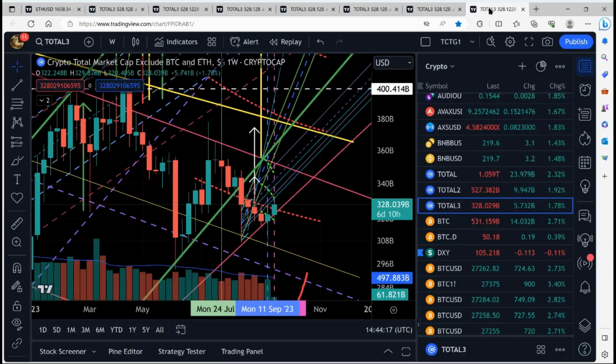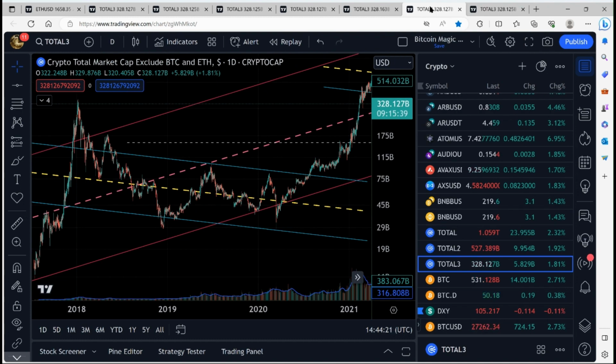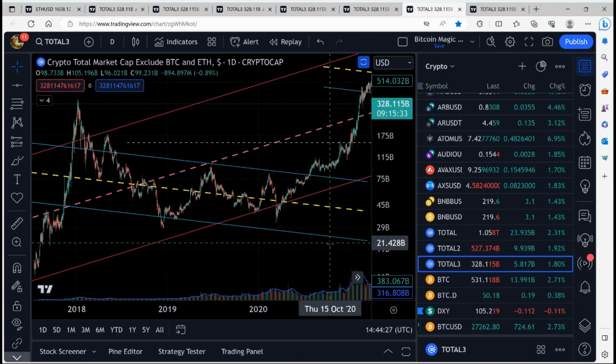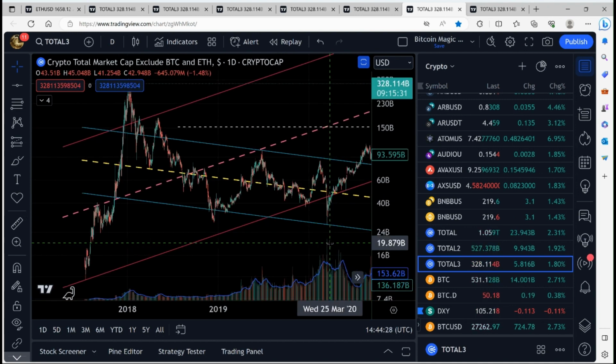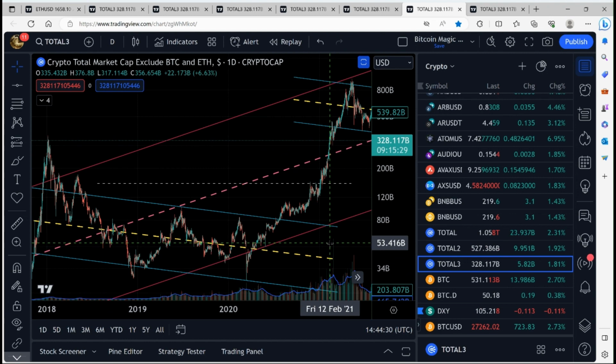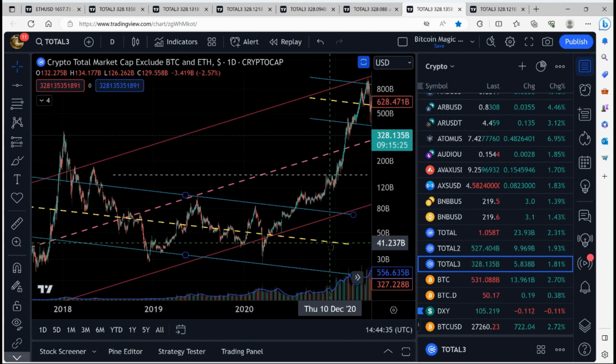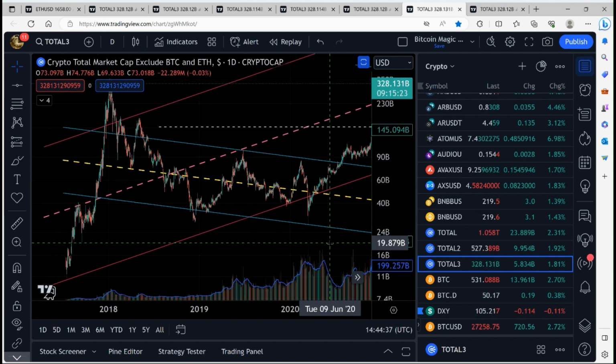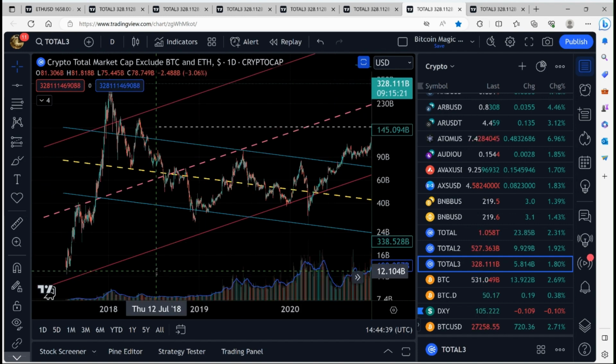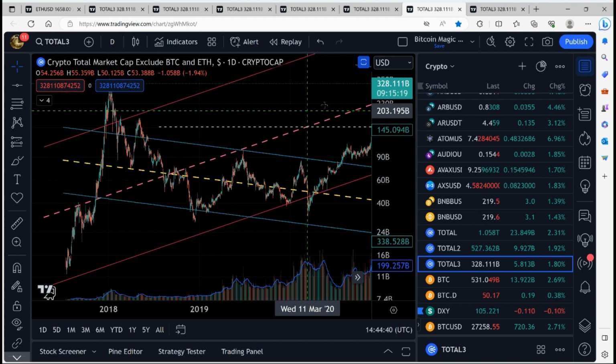Here I'm on the weekly, I believe. Oh, but that's a different chart. So I'll show you how my parallel channel is drawn here on the daily. And these are 2 different charts that I'm going to show you in a second.